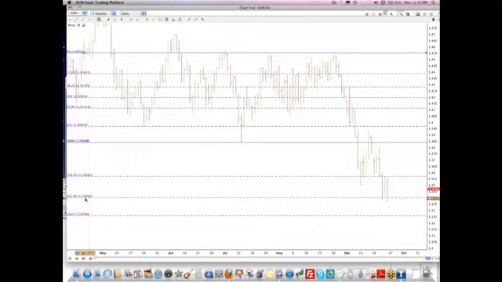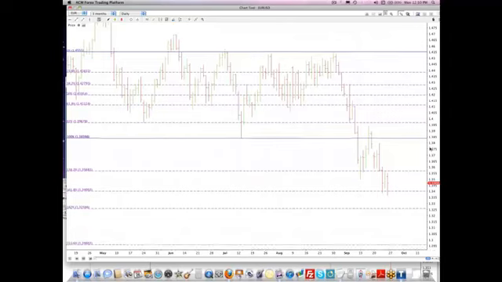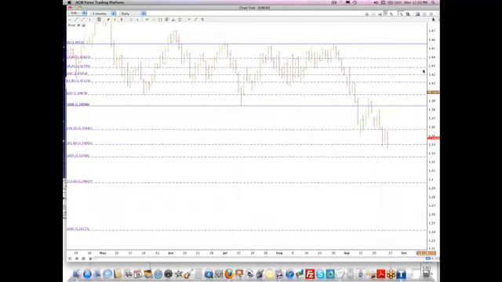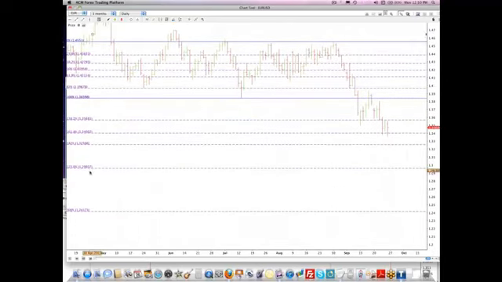Here's the 161.8. Here's the 182. We haven't extended down to the 2.236 of that move yet. Yeah, 2.236 right there. Okay, it hasn't gotten there yet. We're still messing around with the 161.8 and tracking between the 138.2. So that's where you use your additional expansion levels here.